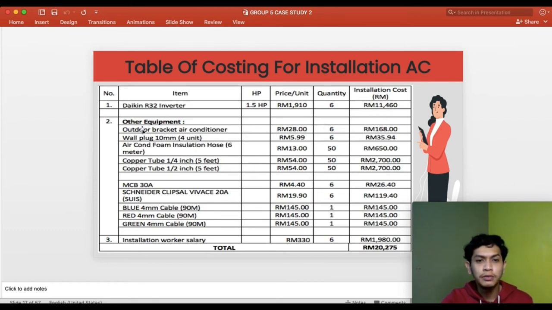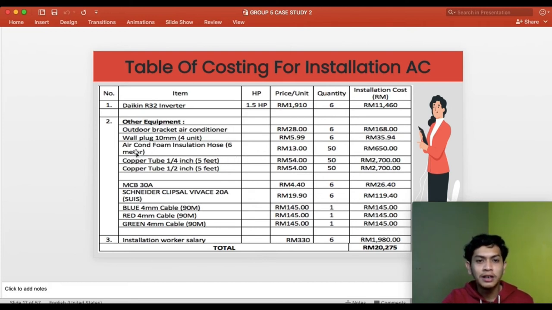So for the other equipment, like the outdoor bracket for the air conditioner, it is the bracket to hold the fan at the outside of the building. So it will cost 168. Wall plug is for when we want to mount the bracket on the wall of the building. So the price is 35 ringgit 0.64 cents.